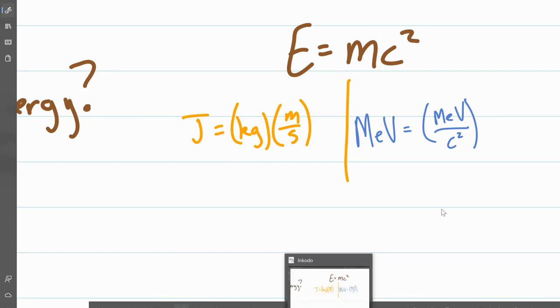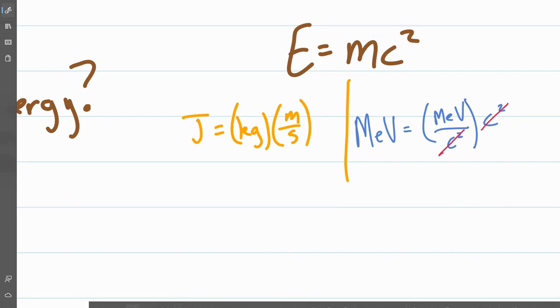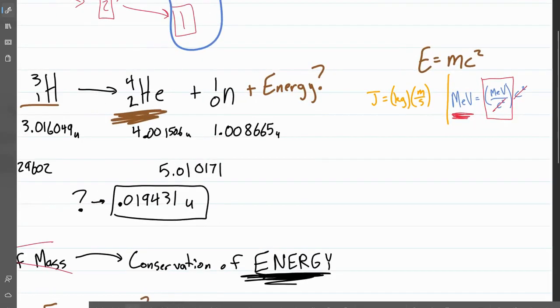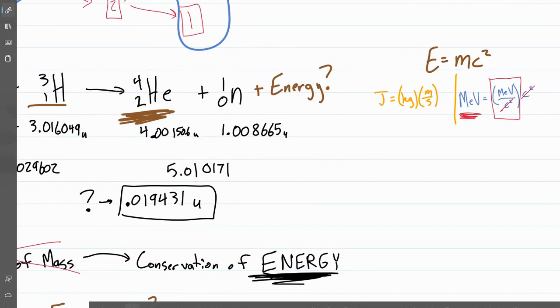Because that's mass times the speed of light squared, and what units do we use for the speed of light? It doesn't matter. We just say per c squared, and then that cancels out. So our energy in mega electron volts is just equal to however much mass there is in this unit of MeV per c squared. It's kind of weird, but we can do this. Let's try this out in both ways.